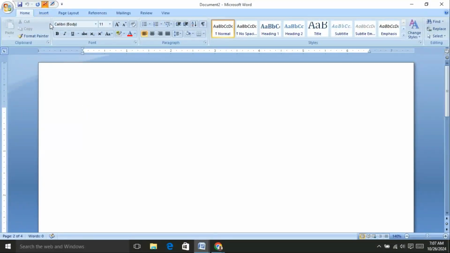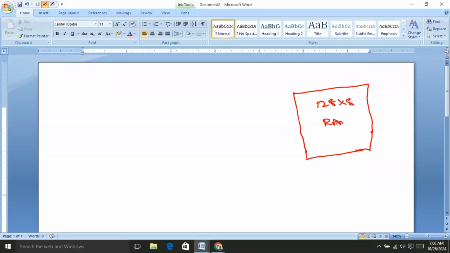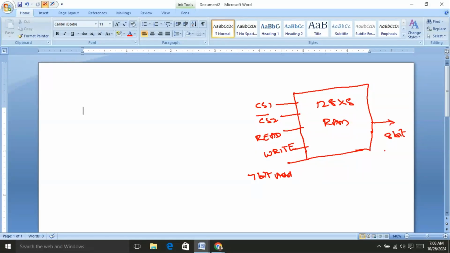So how will this RAM chip work? Once again I draw this RAM chip for easiness of your visualization. This is the RAM chip, 128 by 8 random access memory. This is CS1. This is CS2 bar. This is the read signal, and this is the write signal, and this is the 7-bit address, and this is the 8-bit data.